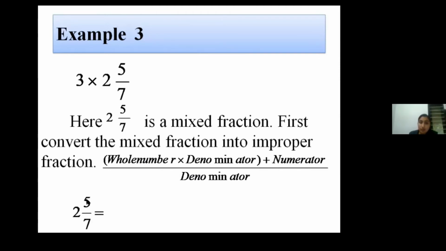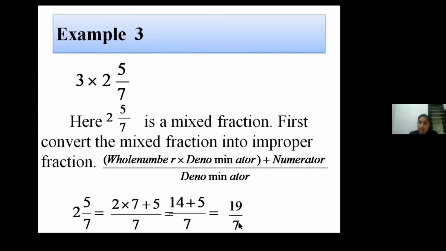So 2 5 by 7 we can rewrite as 2 into 7 plus 5 by 7. 2 into 7 is 14, plus 5 is 19. So the answer is 19 by 7. Converting the mixed fraction to an improper fraction, we get 19 by 7.